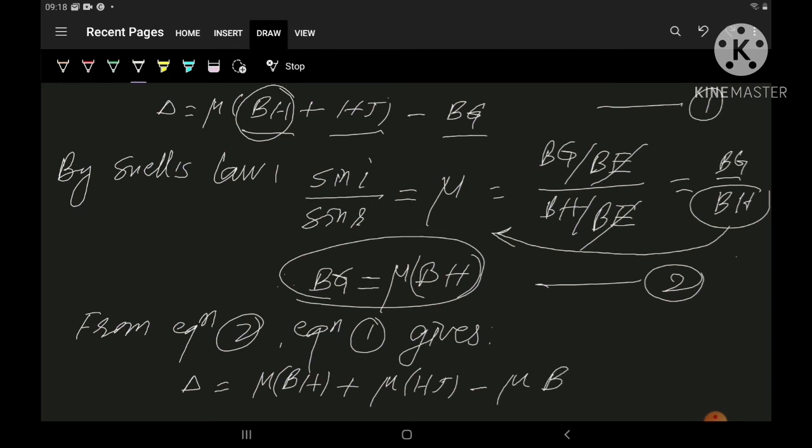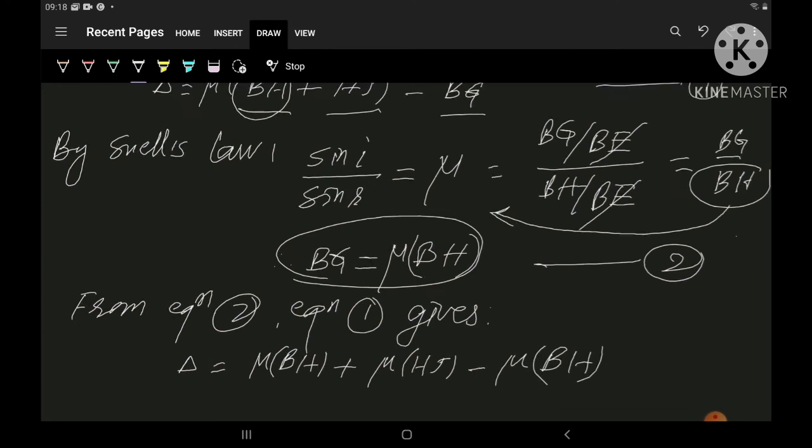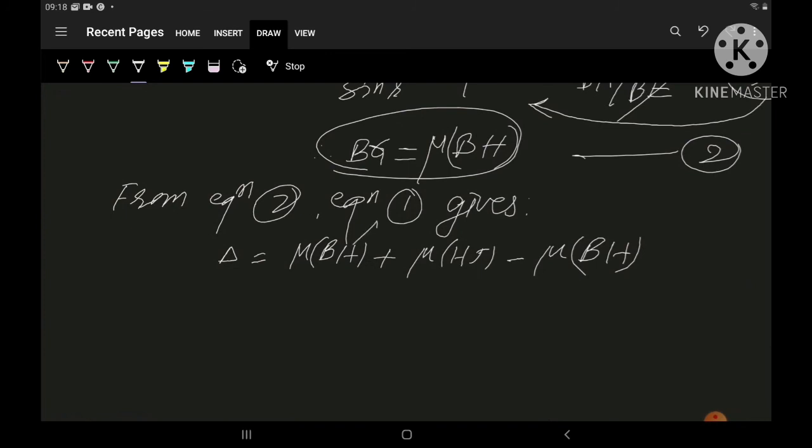So mu times BH and mu times BH will be cancelled out. Delta will be equal to mu times HJ. Equation number 3 suppose. Now here we have to find only the value of HJ.